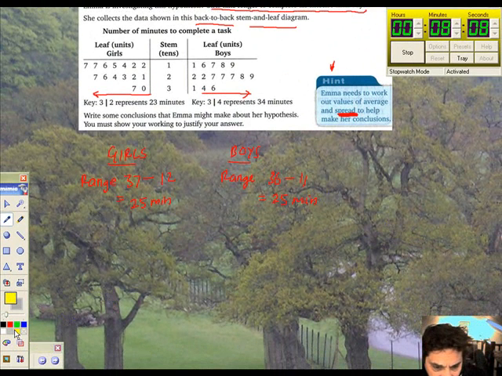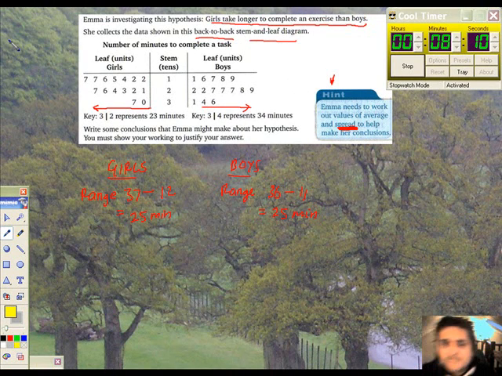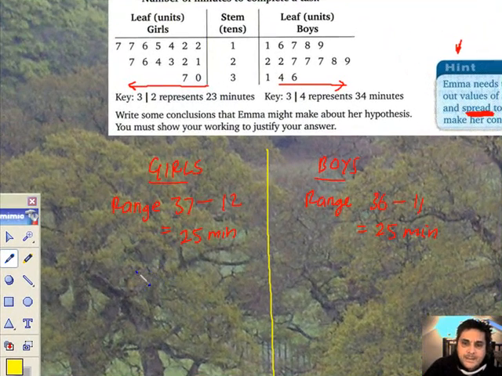Now let me go to yellow so it shows up better. Let's do the girls' mean on the left. Put a line right down the middle like that. Now this is the girls' mean.